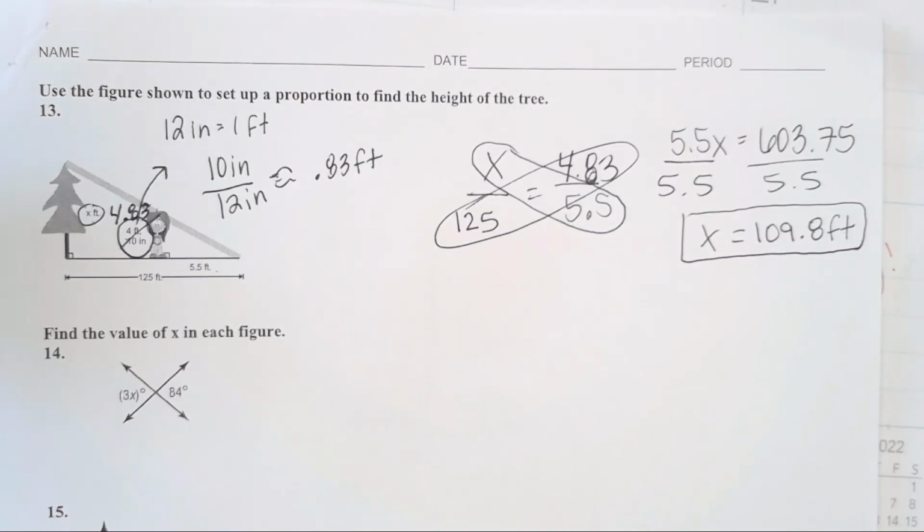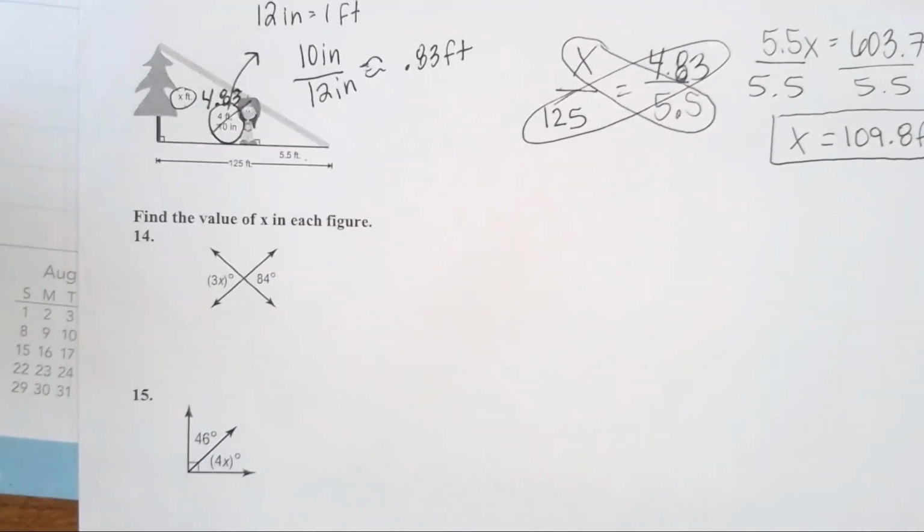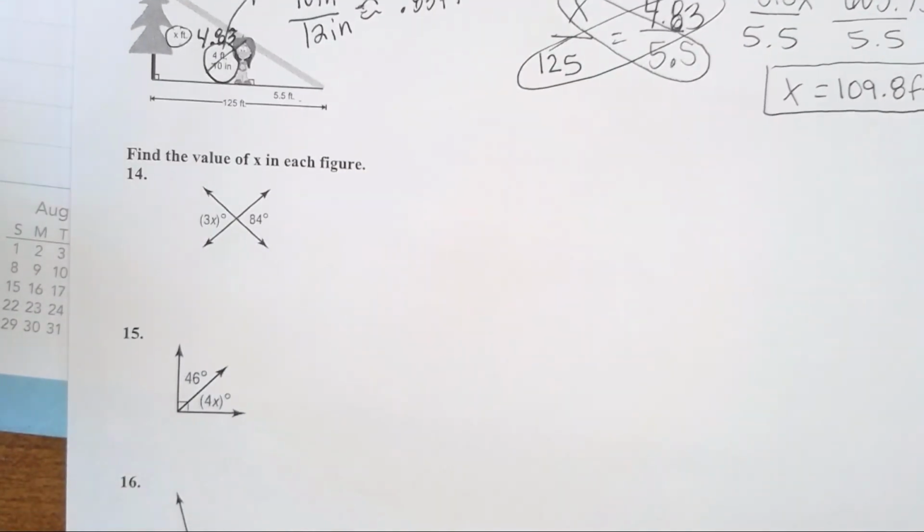All right, now we are going to start finding x in some different vertical angles, complementary angles, and supplementary angles. The very first thing that you need to do if you're finding a missing variable in these problems is to first figure out, are you dealing with vertical angles, complementary angles, or supplementary angles?